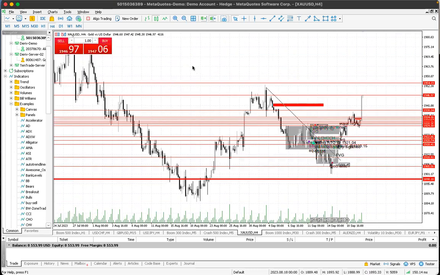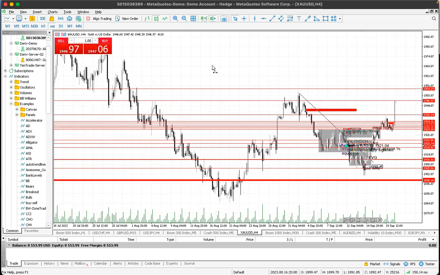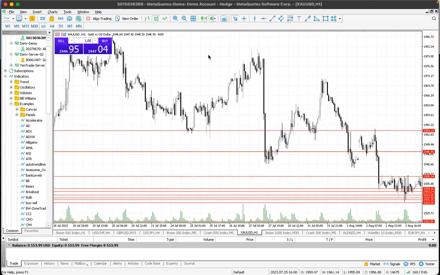Do we have any other liquidity? Switching to a higher time frame. Maybe it's actually coming here to make equal highs. Switching to a lower time frame.